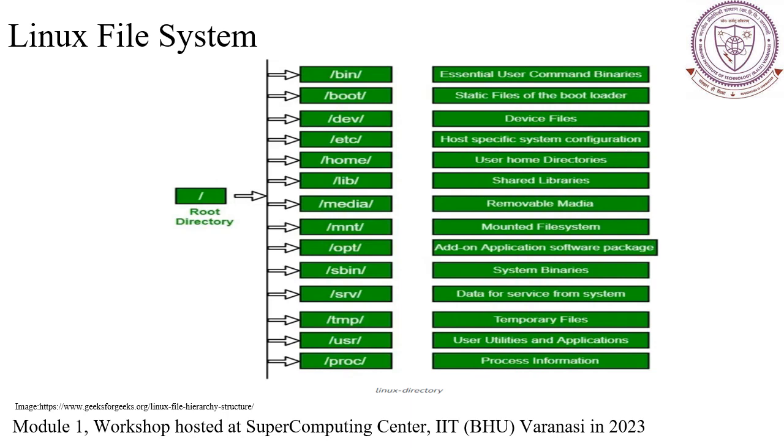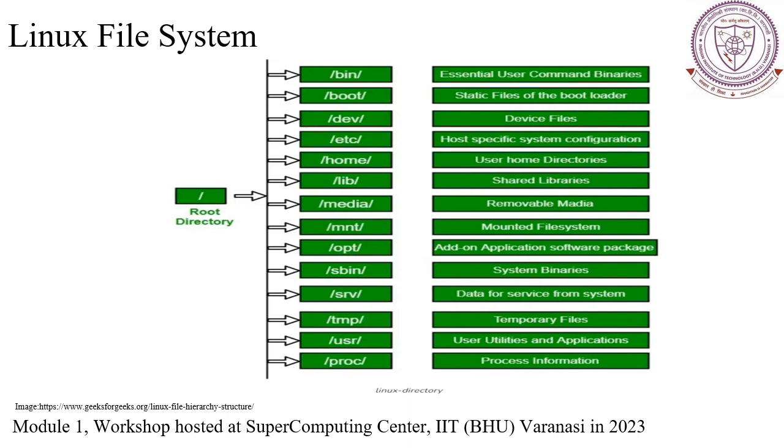Then slash dev is used for device files. Then slash etc holds the host specific system configuration. It contains configuration files required by programs, and startup and shutdown shell scripts which are used to start and stop individual programs. Then slash home is your home directory.